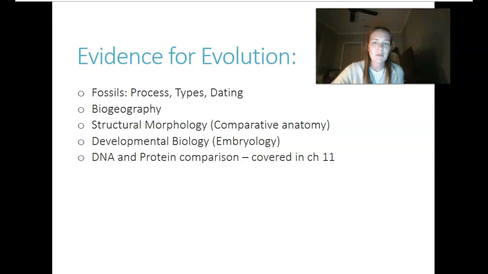All right, so here we sit. We want to know what the evidence for evolution is, and some of these you are familiar with already. Fossils is a big one. So most of the talking that I'm going to do in this PowerPoint is about this first dot point here, fossils. The types of fossil that we know, the process of fossilization, how it occurs, the ideal conditions for it to happen, and how we, after the fact, work out how old those fossils are, how long they were in the ground for, how long ago this organism existed, and how accurate those dating methods are.